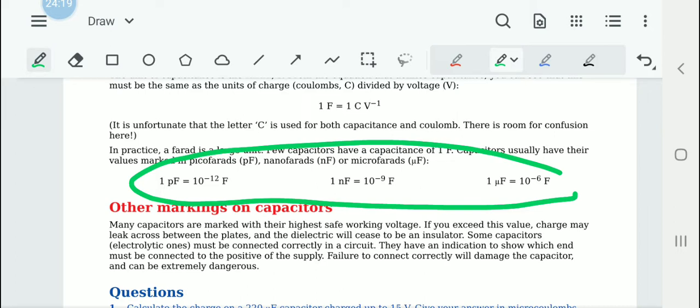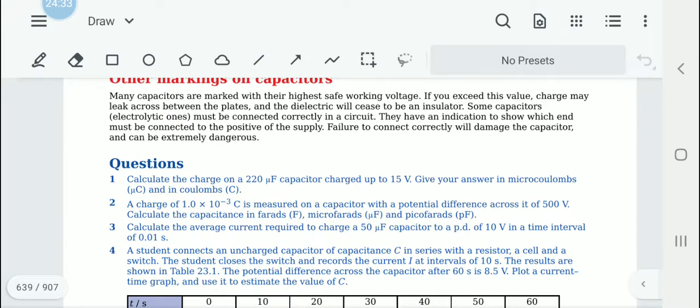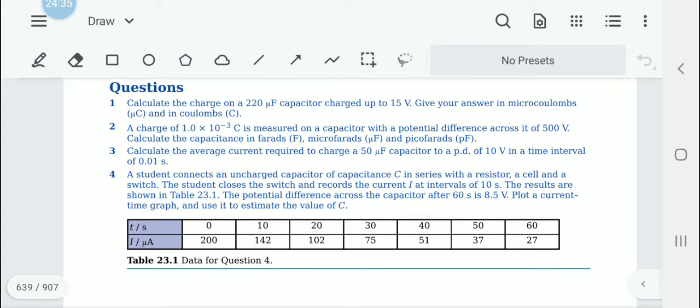One picofarad equals 10 to the power minus 12 farads, 1 nanofarad equals 10 to the power minus 9 farads, and 1 microfarad equals 10 to the power minus 6 farads. I hope you understood. If you did understand, please do question number 1, 2, 3 and 4.